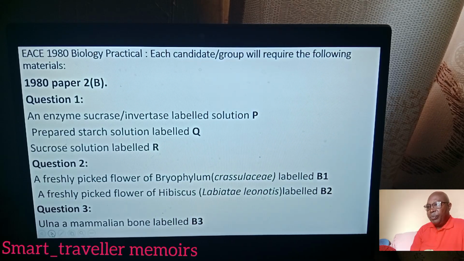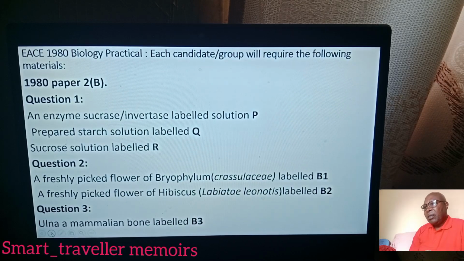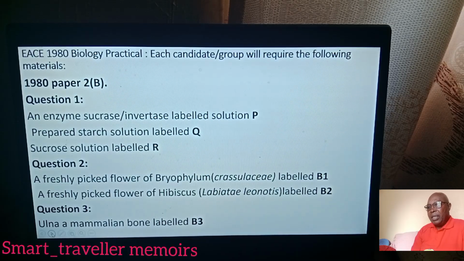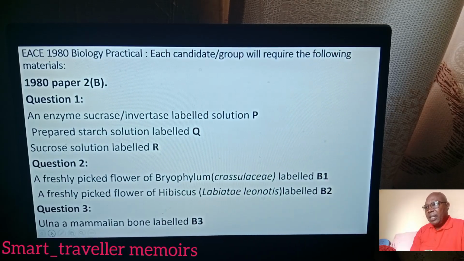Question 2, a freshly picked flower of Bryophyllum, Crassulaceae, labeled B1, and a freshly picked flower of Hibiscus, Malvaceae, labeled B2.